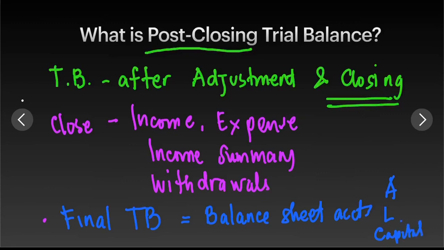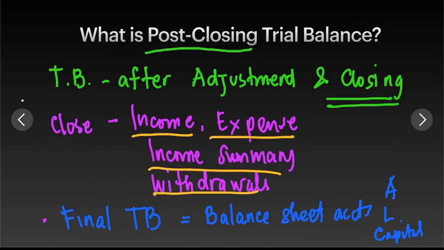Why? Because since this is after adjustment and closing, we already closed the income, the expense, the income summary, and the withdrawals account. So the remaining accounts that are considered to be open are your assets, your liabilities, and your capital account, which is the ending capital account.